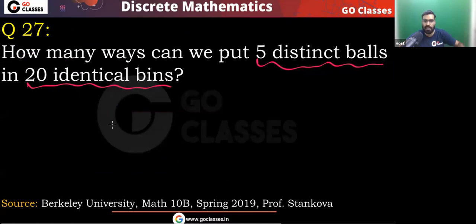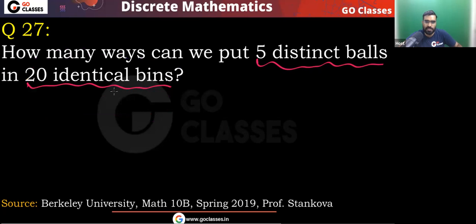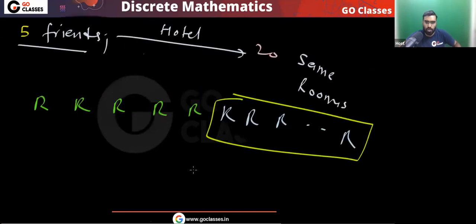When we read a question, we want to use the data that is given in the question. But in this question, you can notice identical rooms, 20 identical rooms. That is a trick, because anyway, you are not going to use it. These rooms are anyway irrelevant.